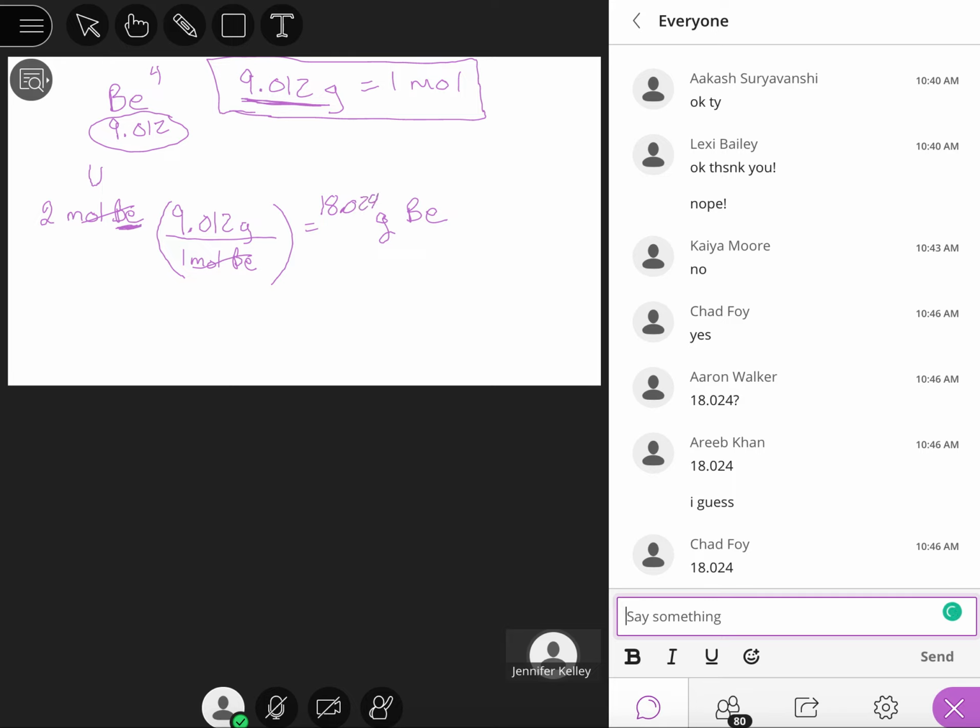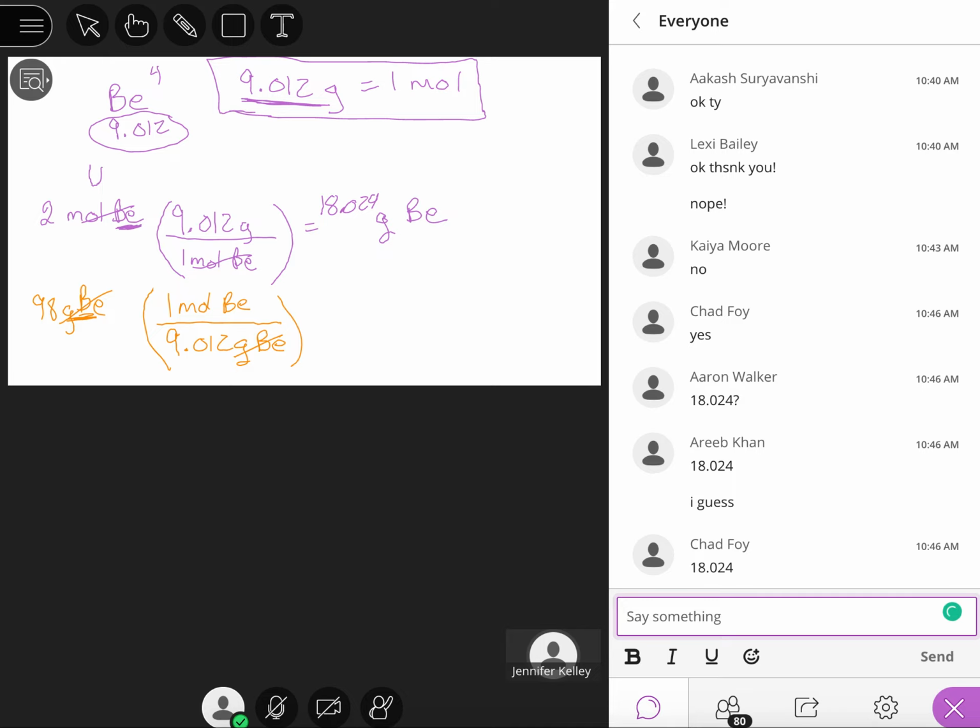All right, and we can do it the opposite direction. Let me change colors. I'll go to orange. Let's say it told us that we have 98 grams of beryllium. We can go from grams to moles using the same thing, the atomic mass, only this time, since I have grams of beryllium here, the grams go on the bottom. The grams of beryllium cancel.